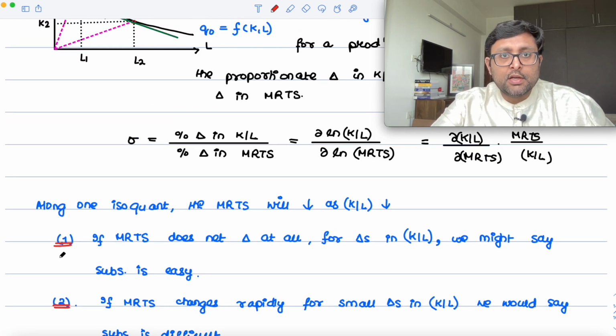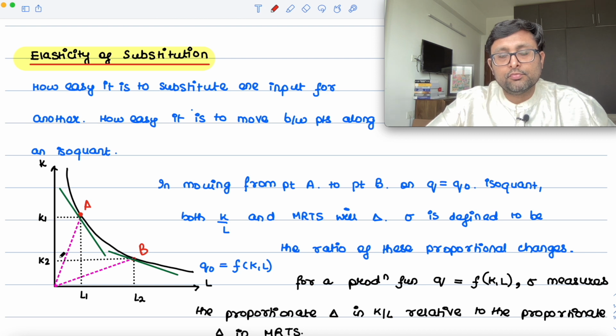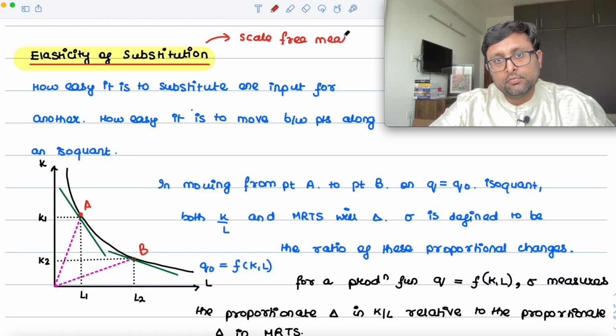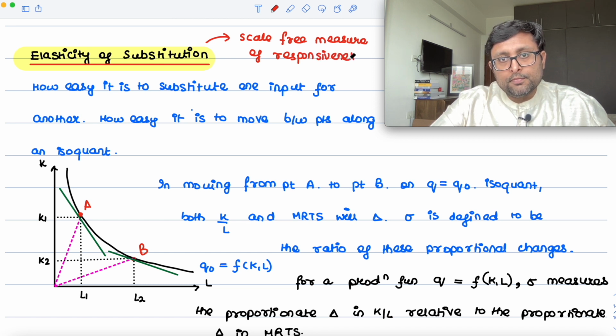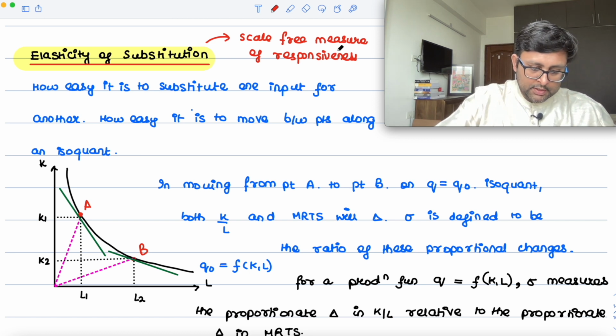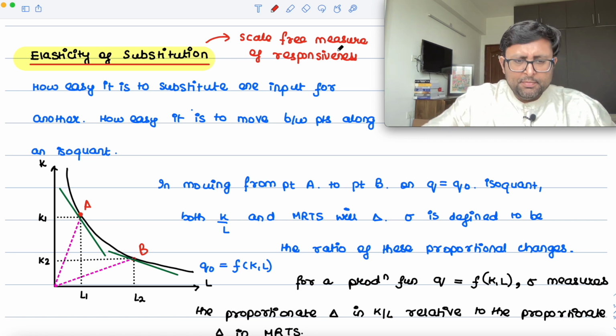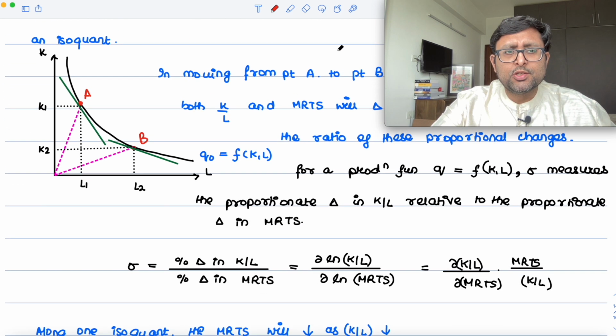And this elasticity of substitution is a scale-free measure of how easy it is to substitute, right? So this is a scale-free measure of responsiveness. Let me give some numbers to make it more understandable.